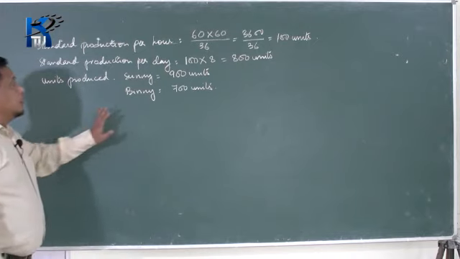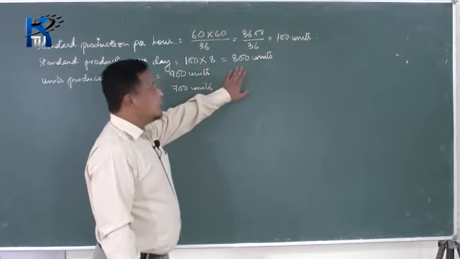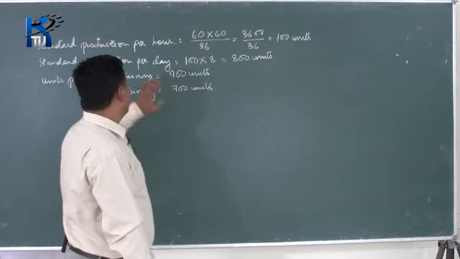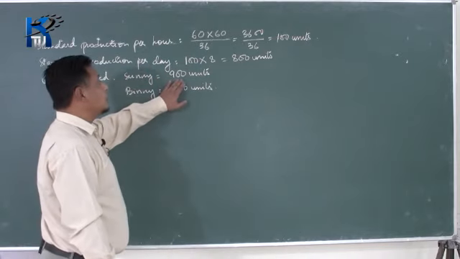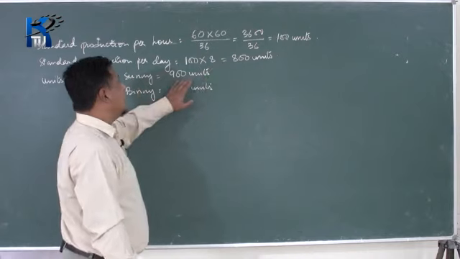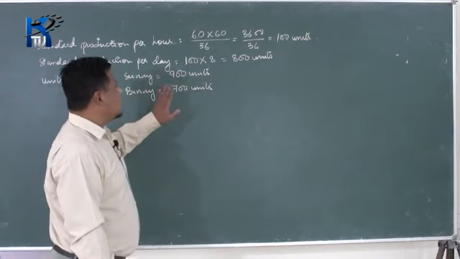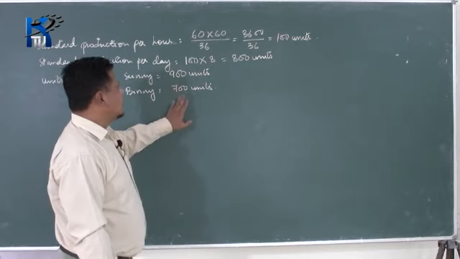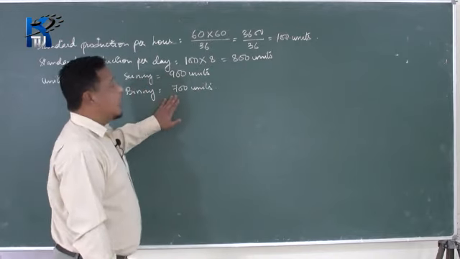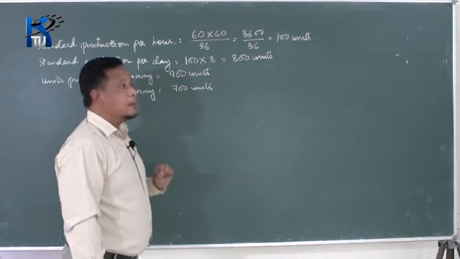So if we look at the question, the standard production is 800 units per day. Sunny has produced 900 units. He has produced more than the standard production per day. Whereas Binny has produced only 700 units, which is less than the standard production of 800 units.